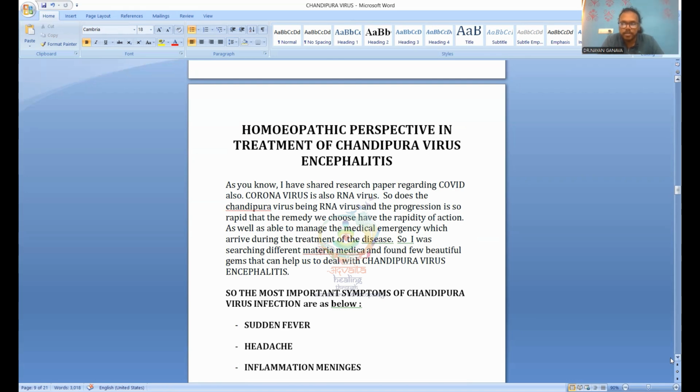That is very necessary. So I was searching different materia medica and found a few beautiful gems that can help us to deal with Chandipura vesiculovirus encephalitis.